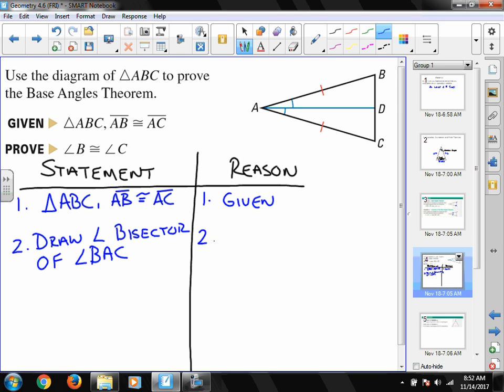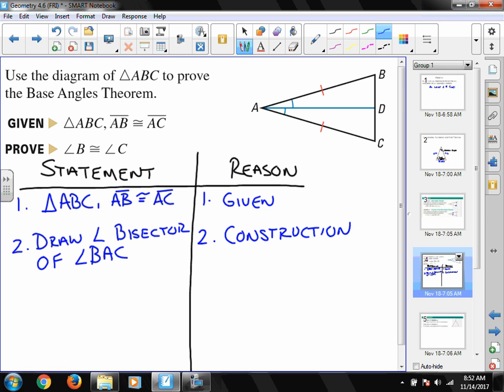The reason being, it's what's called a construction. It allows us to put in that angle bisector. And if I remember right, I think I showed you guys how to do that construction with a straight edge and a compass at the beginning of the year.